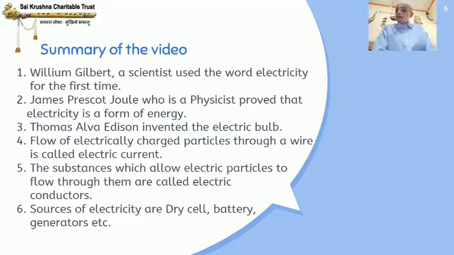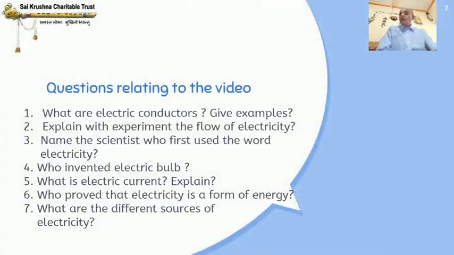So, electricity is generated from the dry cell, battery and generators. So, these are all the sources which produce electricity. Dry cell, generator, battery are all the sources of electricity.